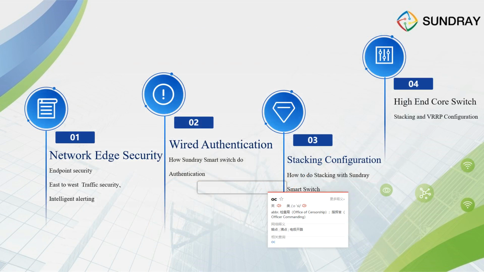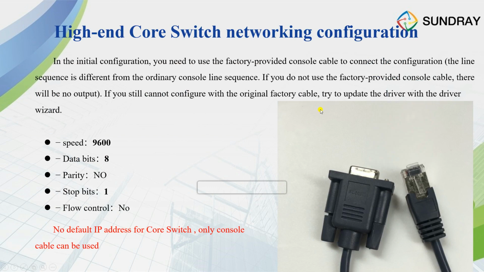Okay, now let's go to the last part, the high-end core switches. If you want to do the configuration for a totally new core switch, you need to use this console cable.